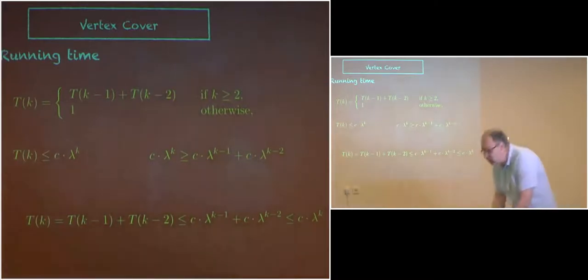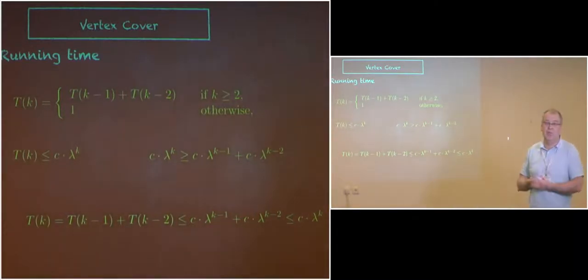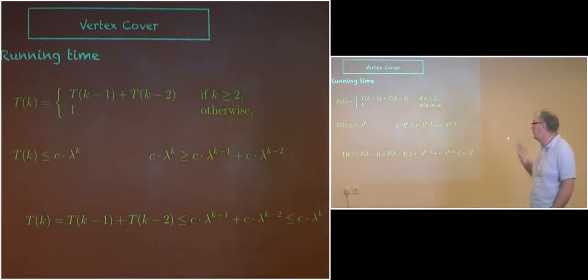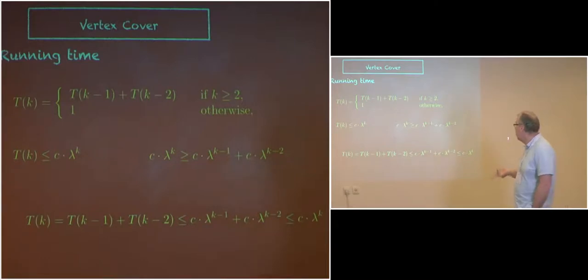So there's a standard way of analyzing this type of recursion. I'm looking for the solution in the form of an exponent: t of k bounded by some constant c times lambda to the k.